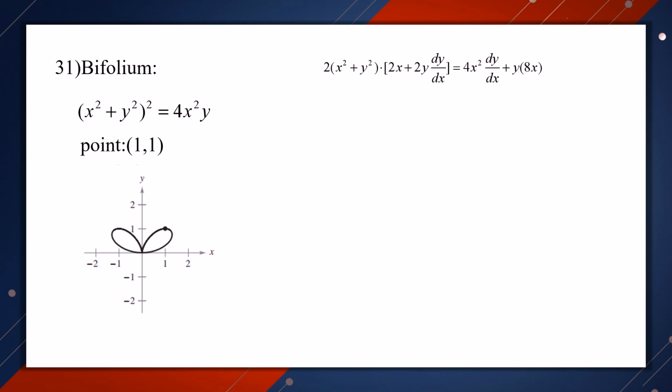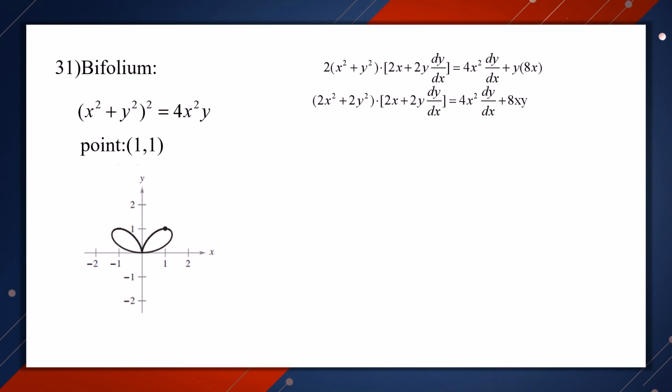The first step is bring the derivative to both sides, and we will get 2 times x to the power of 2 plus y to the power of 2 times 2x plus 2y times dy over dx equal to 4 times x to the power of 2 times dy over dx plus y times 8x.